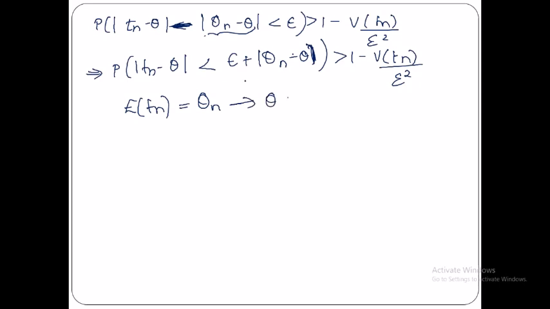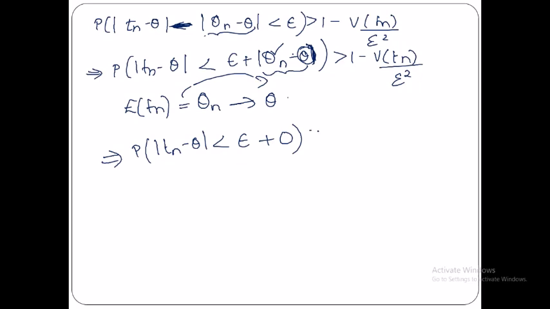So what about the case over here? Yes, now this is expectation of Tn. What about this? This is expectation of Tn when it tends to theta. So what will this become? Yes, this whole thing will become 0.